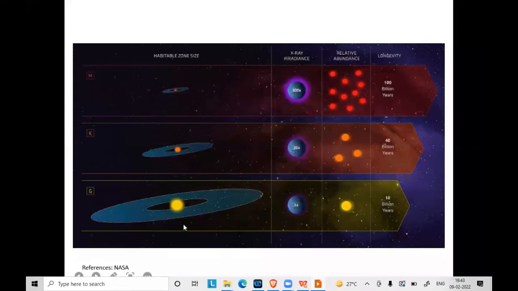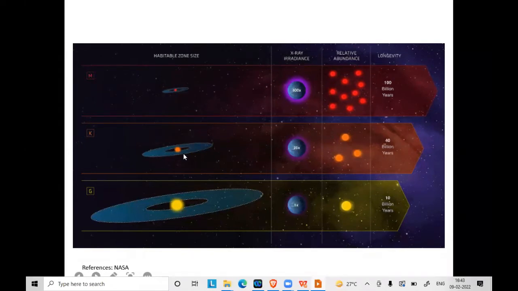The example at the bottom is a sun-like star, having a typical lifetime of 10 billion years. If this is its Goldilocks zone, then I go to another kind of star having a lifetime of 40 billion years, and with that kind of star you can see the Goldilocks zone is narrowing.